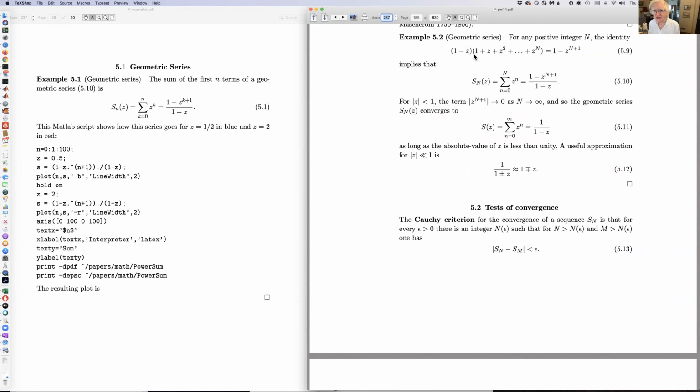But then if you take minus z times the partial sum, you get this part here with a minus sign, and so you get a huge cancellation. The only things left over are 1 times 1 and minus z times z to the n, so you get this. That means that the partial sum from 0 to n of any complex number z raised to the nth power is this ratio.